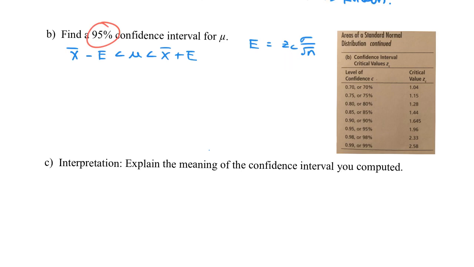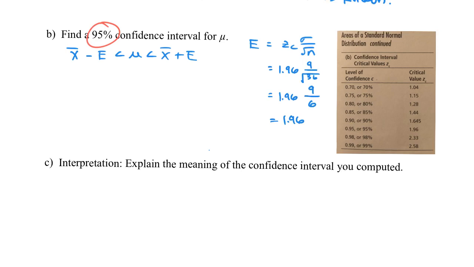So we have E equals 1.96, and sigma, it said, was 9. The square root of n, well, n is the sample size. In this case, it is the square root of 36, right? So that gives us 1.96, and there's 9. The square root of 36 is 6.